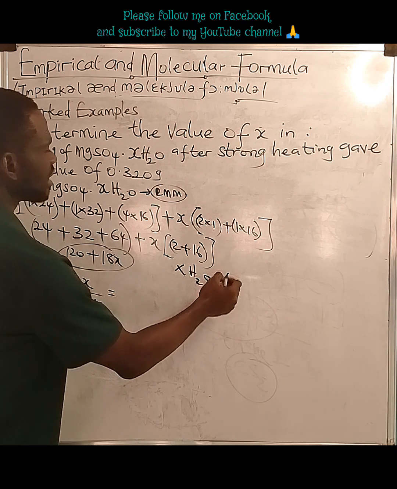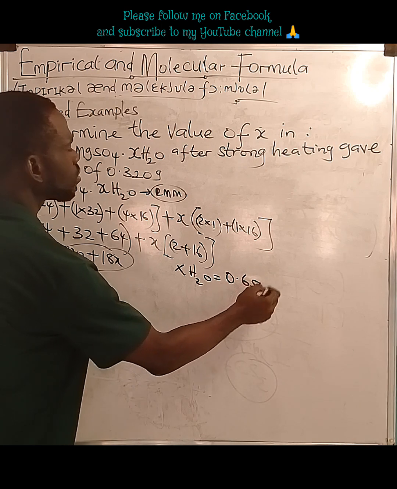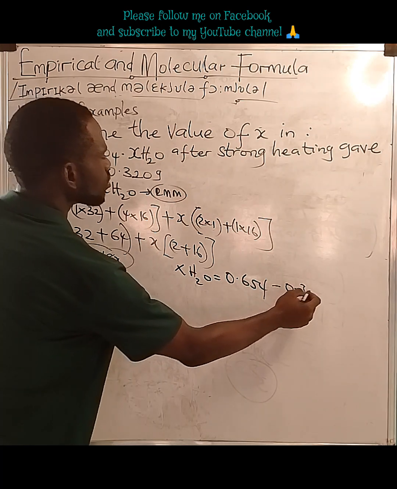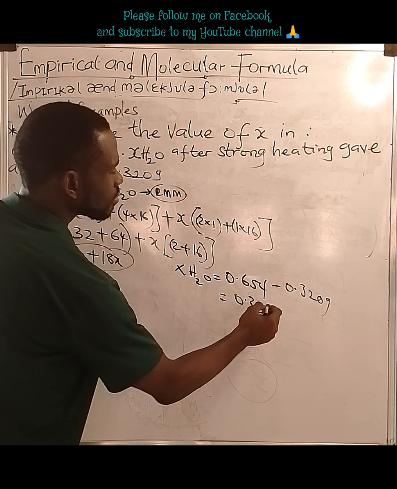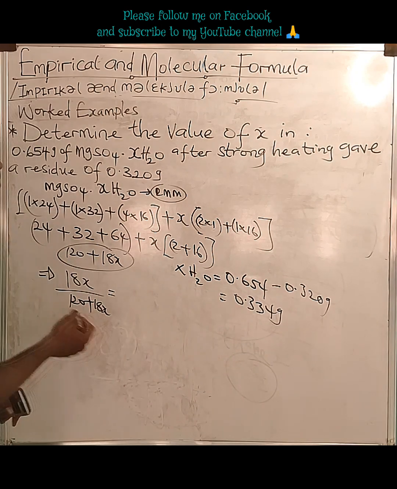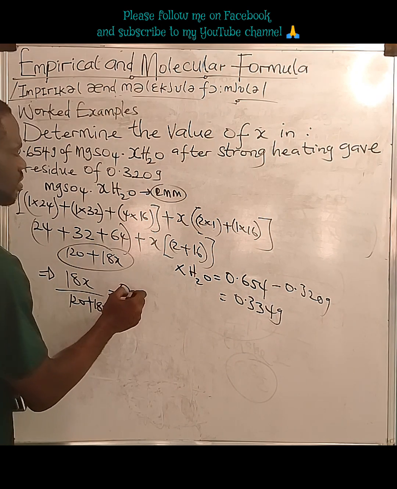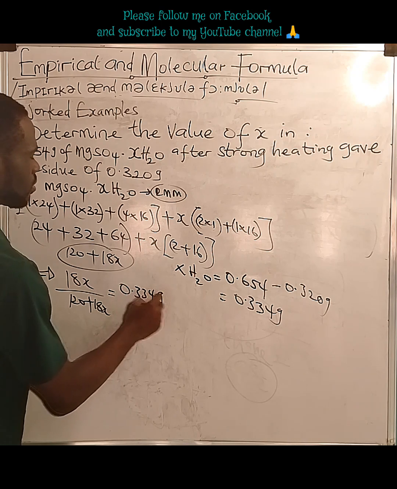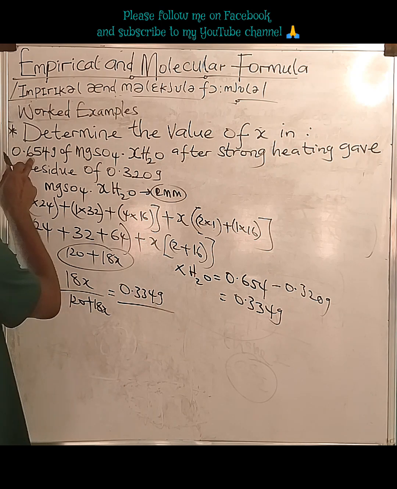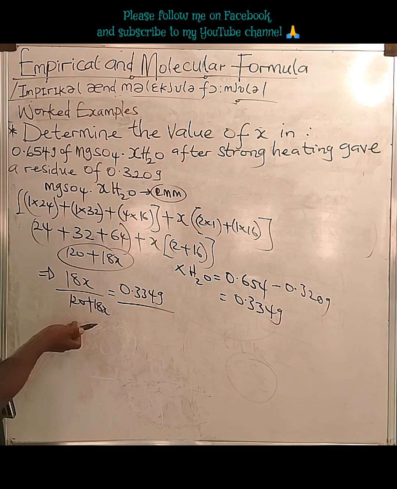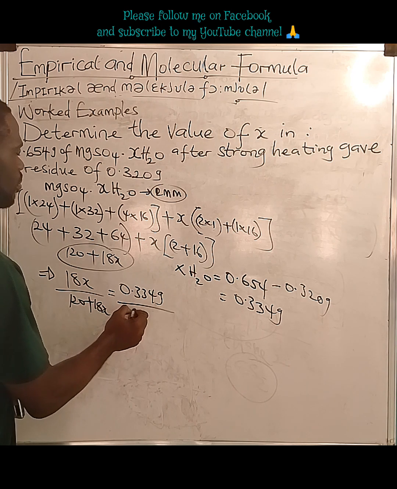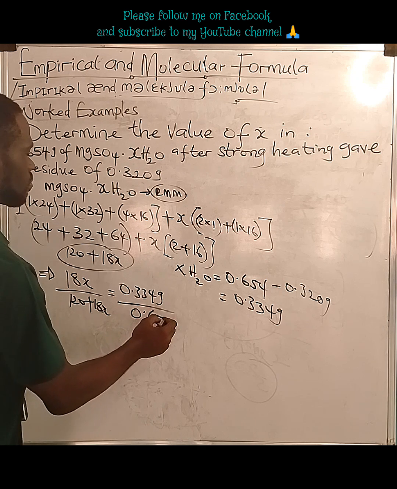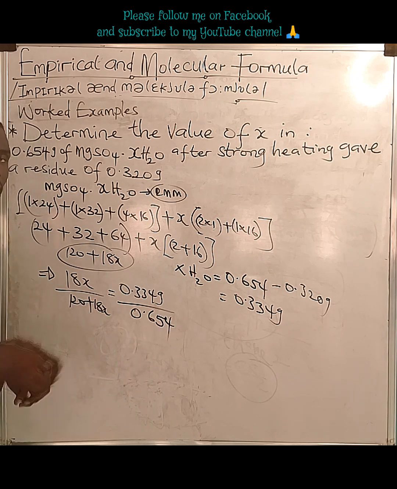We got that already in the previous method: 0.654 minus 0.320 grams, which is 0.334 grams. So 18X is 0.334 grams, divided by the total mass of everything, the same as 120 plus 18X, which is 0.654.